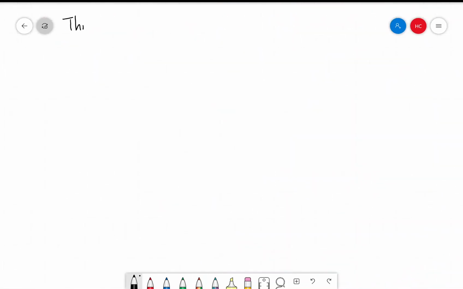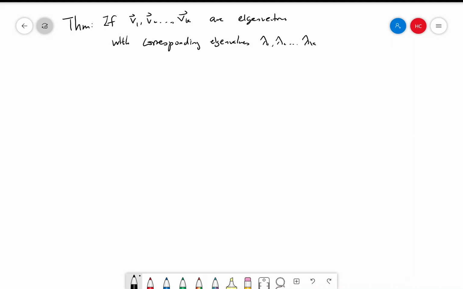Okay, so this theorem says that if v1, v2, vk are eigenvectors with corresponding eigenvalues lambda 1, lambda 2, lambda k, and these are distinct, then v1, v2, vk are linearly independent.